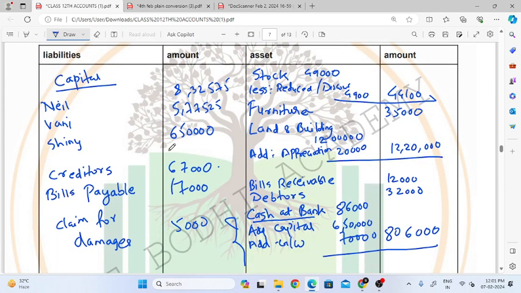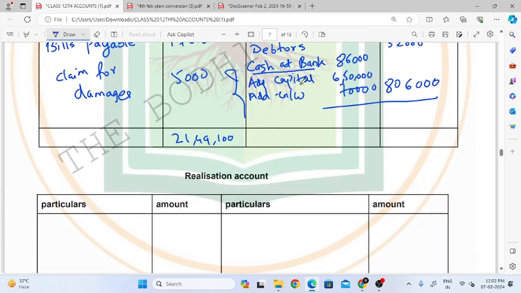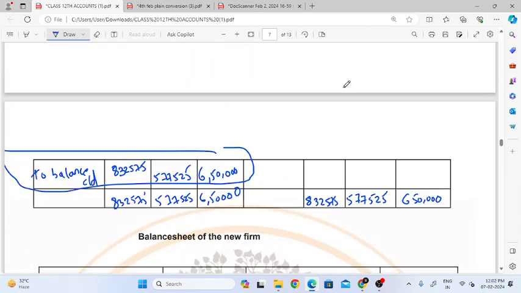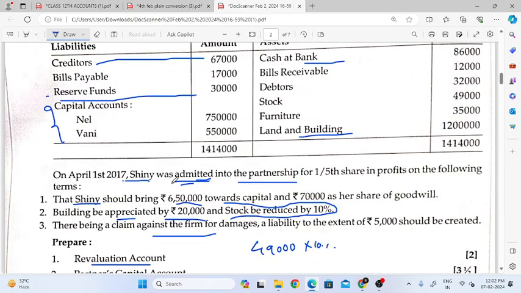Here we took stock 4,400, then 35,000 as furniture, then 12,20,000, then 12,000 as bills receivable, debtors as 32,000, then 8,06,000 as cash at bank, then capital and goodwill, which comes to 21,49,100.